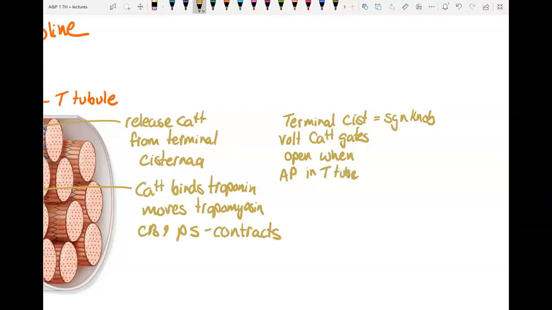Just like the synaptic knob will open its voltage-regulated calcium gates when there is an action potential in the axon.